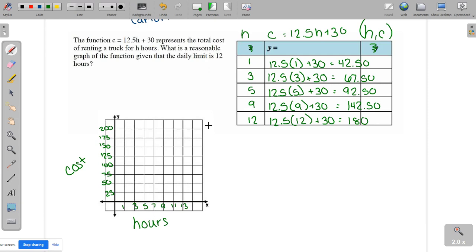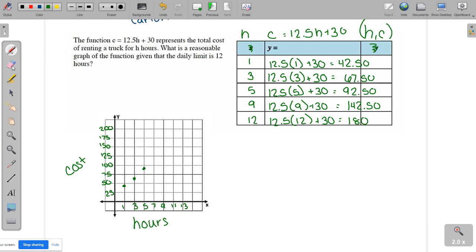Okay, and now let's graph it. So for 1 hour is $42. This can be about here. And then 3 was 67. 5 was about 90.